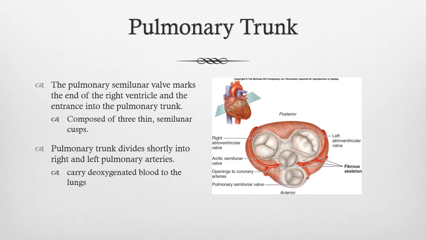Since the pulmonary trunk is only momentarily having to receive a large, high pressure volume, and then the volume and the pressure starts to go down relatively quickly after that, it doesn't need to be reinforced like that of the AV valves. So it doesn't have those extra connections on them.